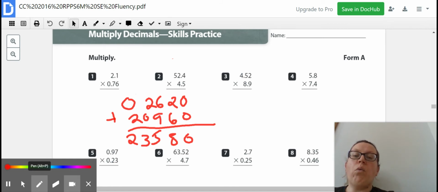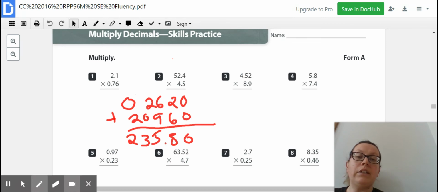And so 1 plus 1 is 2, and that means in my answer, I am going to start behind the 0, and I will move it over one time to land between the 8 and the 0. And then I have to move it over one more time and land between the 5 and the 8. And that's where I will put my decimal point.